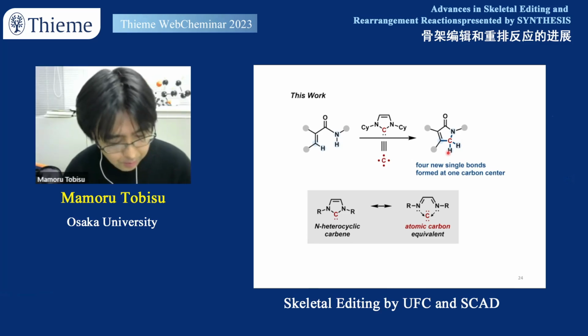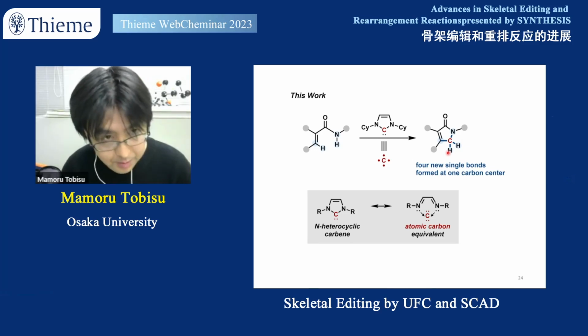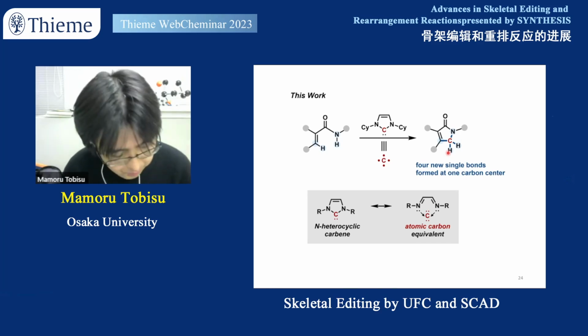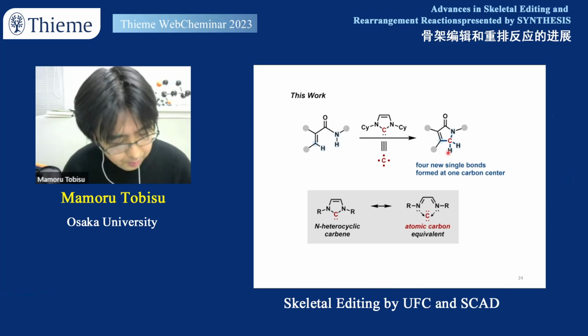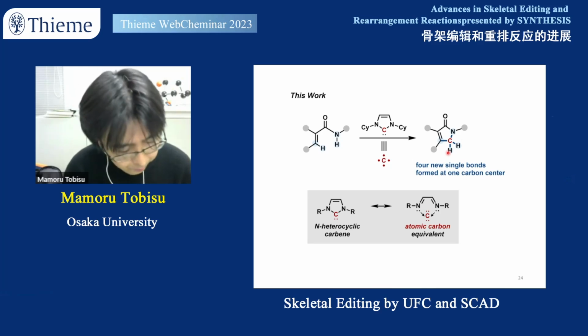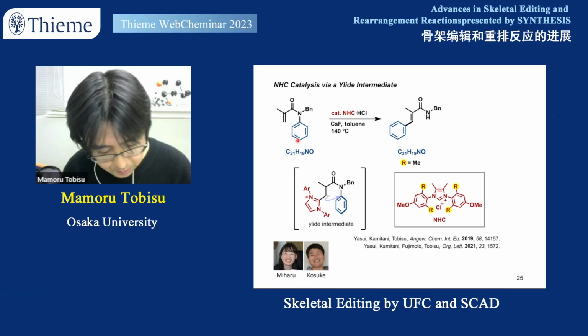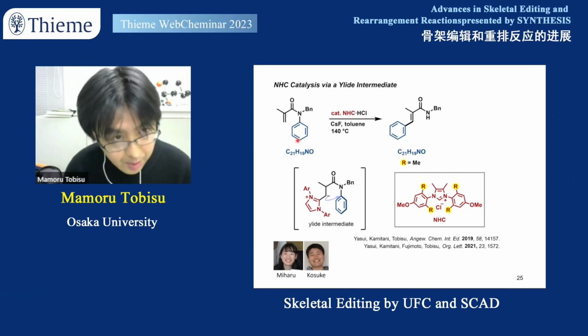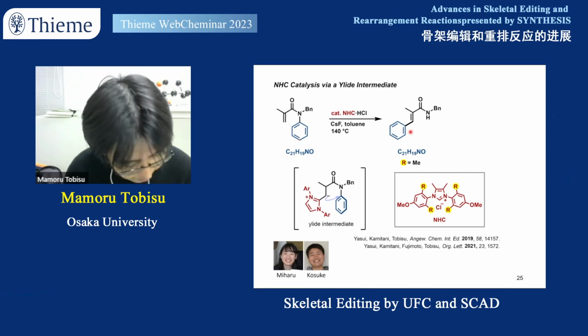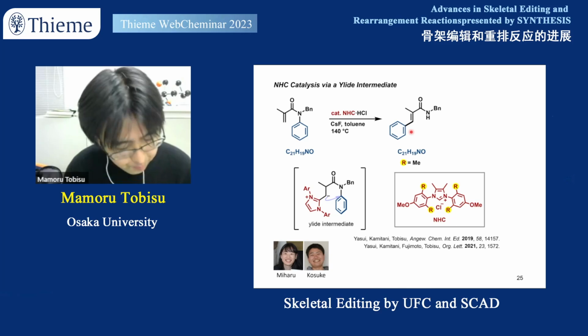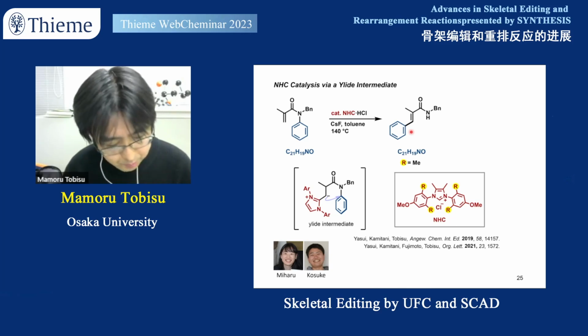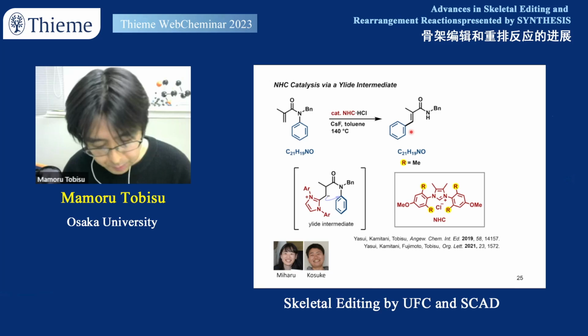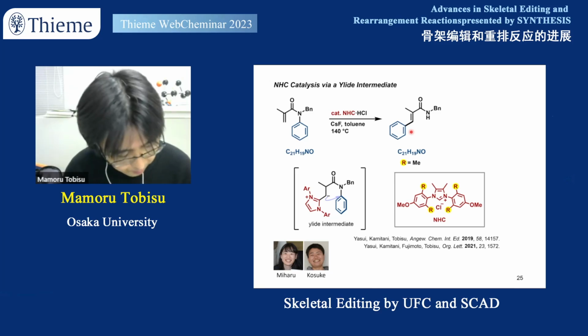So in the past, we have been investigating this NHC-catalyzed reaction of these unsaturated amides. And in this reaction, the phenyl group on the nitrogen atom in the starting material migrates to the beta carbon. So this process involves a catalytic nucleophilic aromatic substitution reaction.